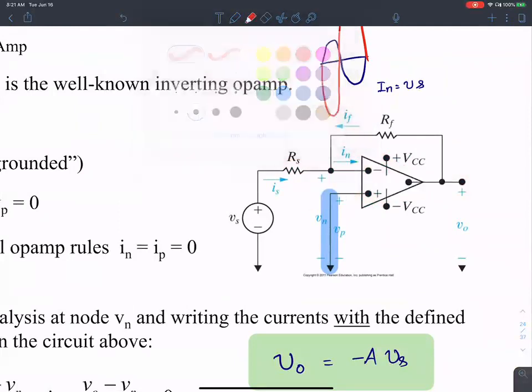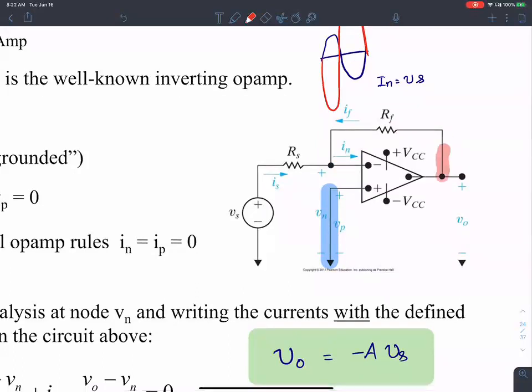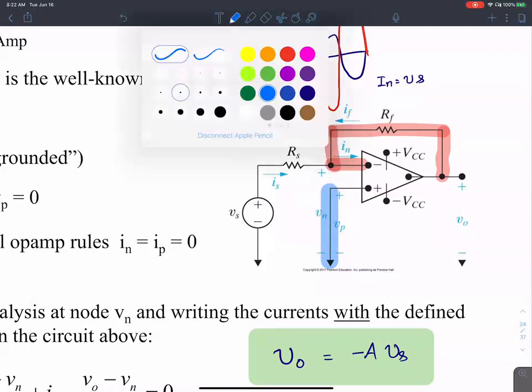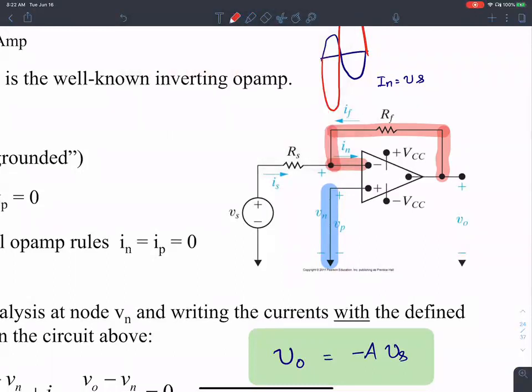I'm feeding a part of the output back into the input. So this is called a feedback configuration. And because the output is feeding back into the negative terminal, this is called negative feedback.